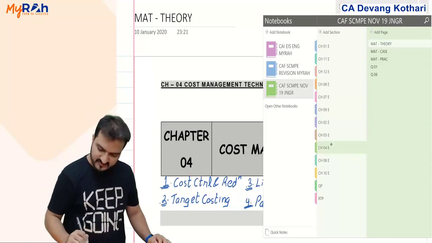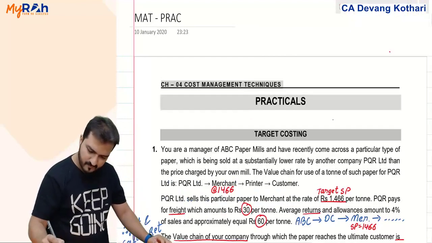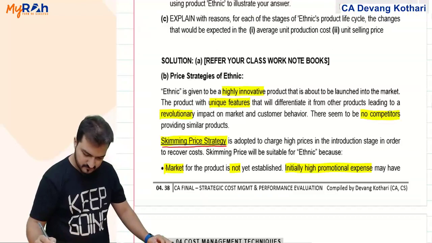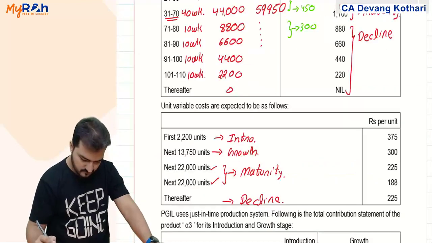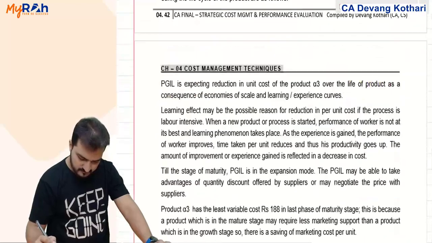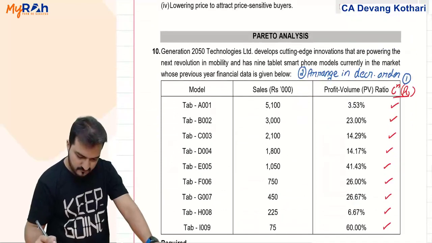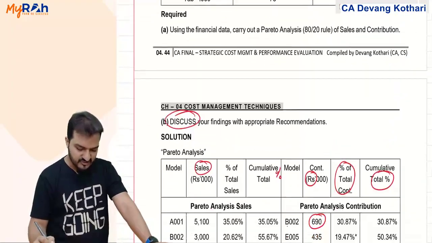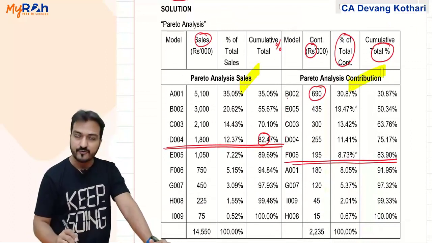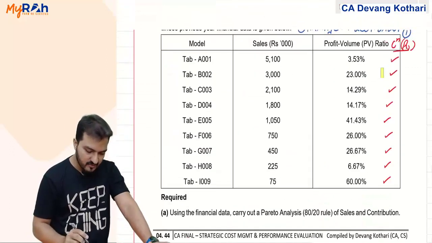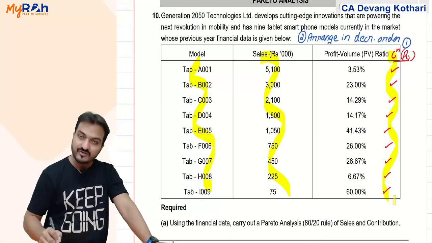I'll show you from the classwork itself. Say question 10 was regarding Pareto analysis by sales and Pareto analysis of contribution. What I did was, you had these many different products given and sales value was given, contribution you can find.